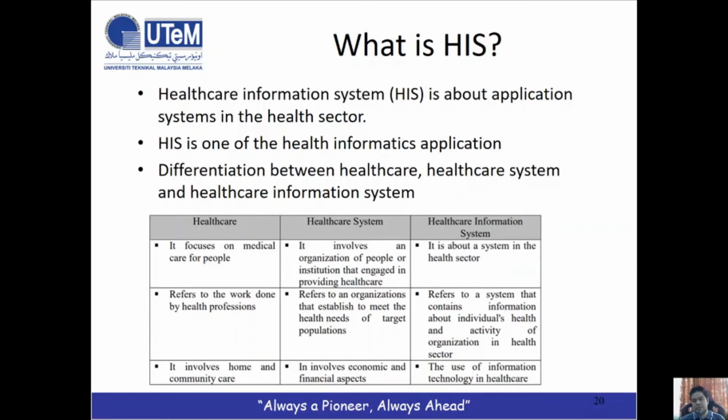It involves a systematic process from the beginning until the end, when the patient is discharged from the ward. So the healthcare information system is about a system in the health sector, while the healthcare system is a process in the health sector. The healthcare information system refers to a system that contains information about individual health and activity of organizations in the health sector, and the use of information technology in healthcare.